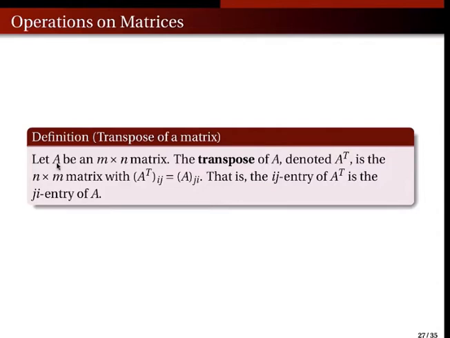Okay? So look at this. The size of capital A is m by n. Now, the size of A transpose becomes n by m. So what actually happens here? The rows of A become the columns of A transpose.